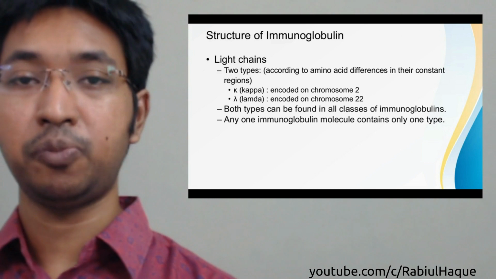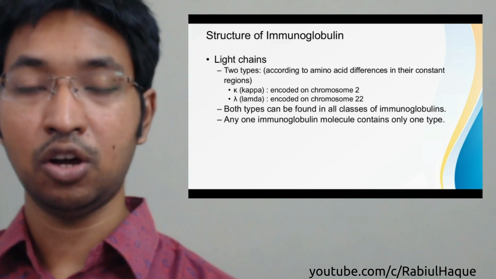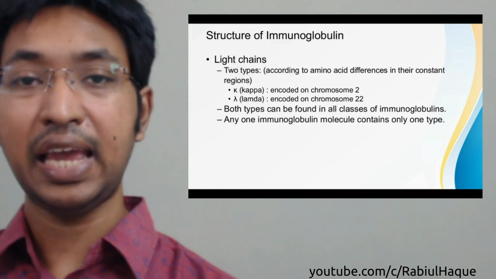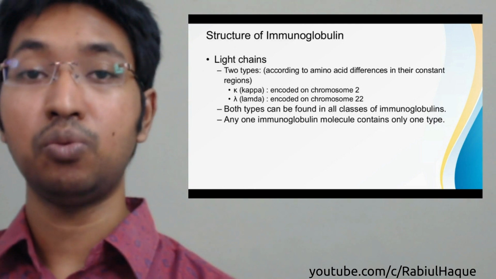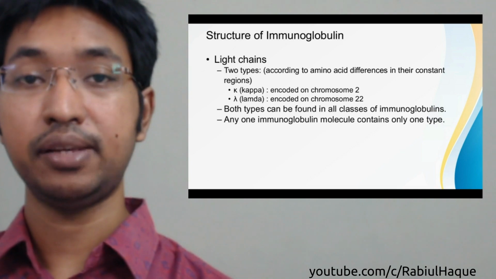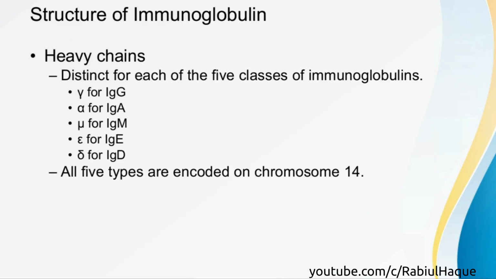The last bullet point is also very important. Always remember that any one immunoglobulin will contain only one type of light chain. Regarding heavy chains, always remember that they are distinct for each of the 5 classes of immunoglobulins.